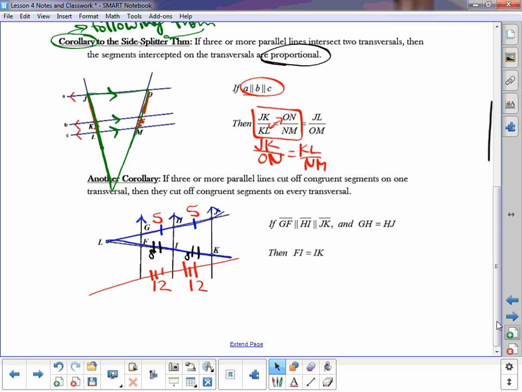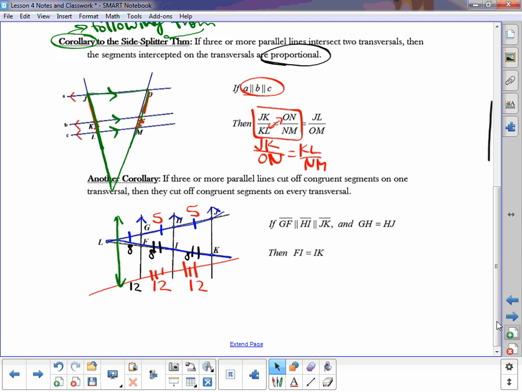Like I could draw in another parallel line here, in such a way that, if I started out with all 3 parallel lines having those same congruent pieces, then for all these other transversals I would know that this would also be 8 and this would also be 8. So it's a very specific case, and it stems from our corollary to the side splitter theorem, which stems from the side splitter. Again, because our ratios are going to end up being the same.